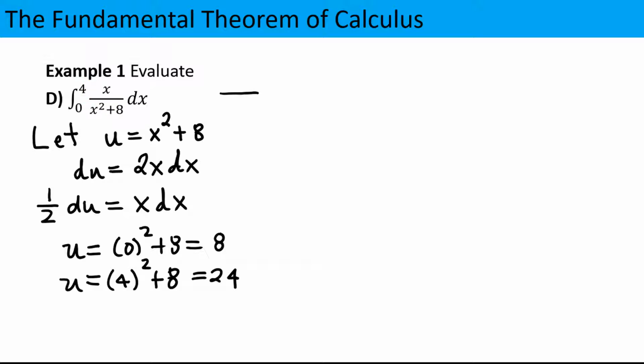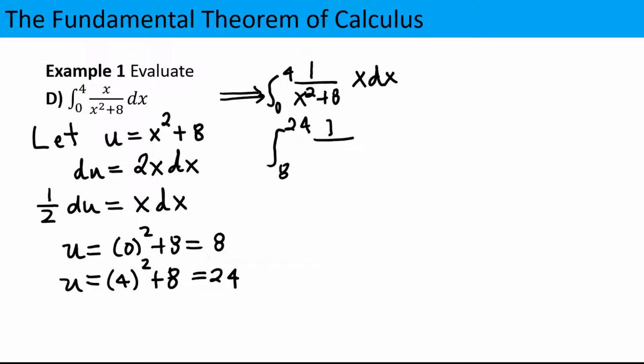Now let's do our substitutions. What you have here is the integral from 0 to 4 of 1 over x squared plus 8, x dx. We'll do point by point replacements. So now where we had 0, we replace with 8, lower endpoint. Where we had 4, we replace with 24.